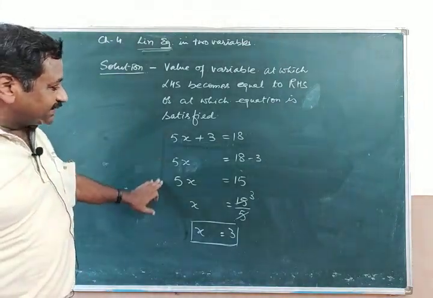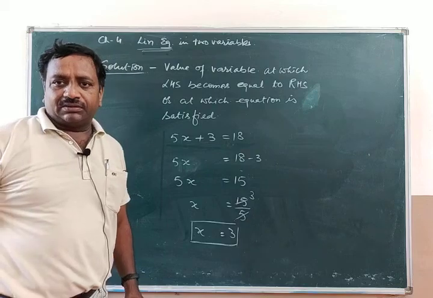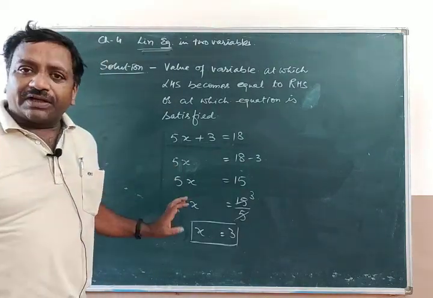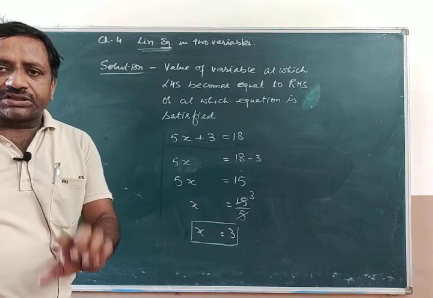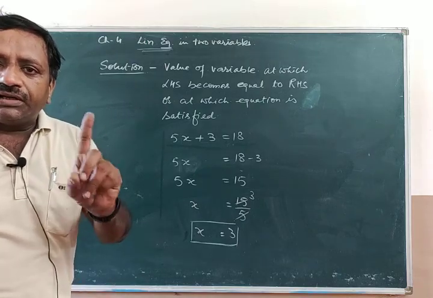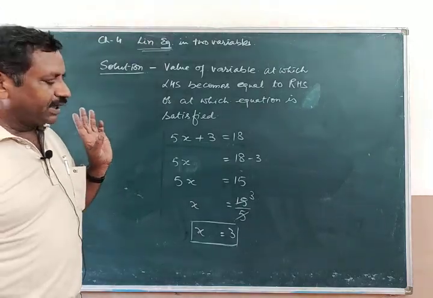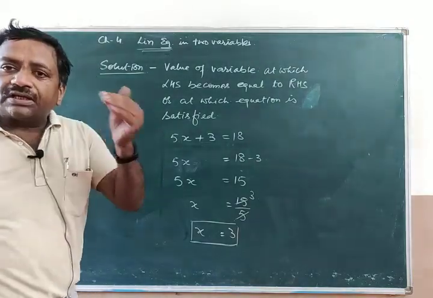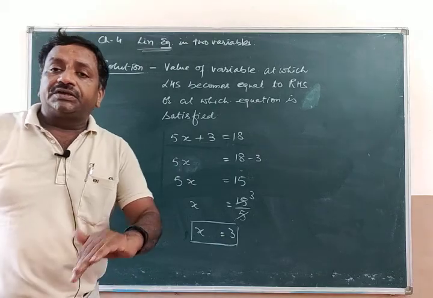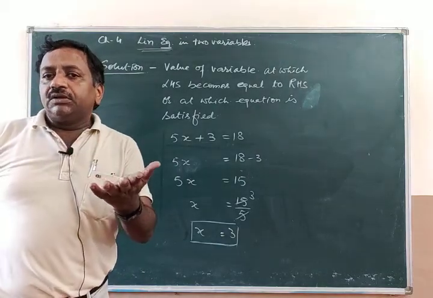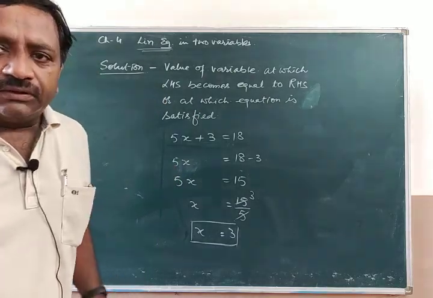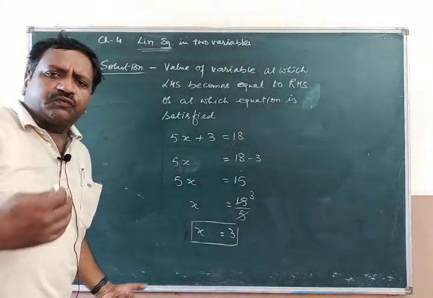But this is an equation with one variable that we have done in class 8th. In one variable, linear equation has only one solution. But in class 9th, we have linear equation with two variables. When a linear equation with two variables is given, then there are infinite solutions.